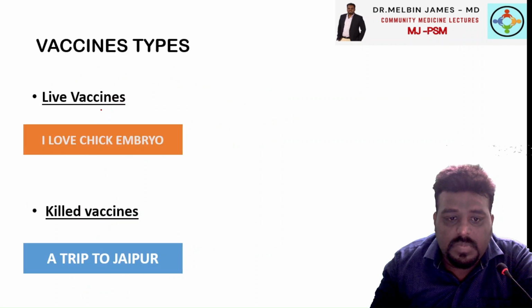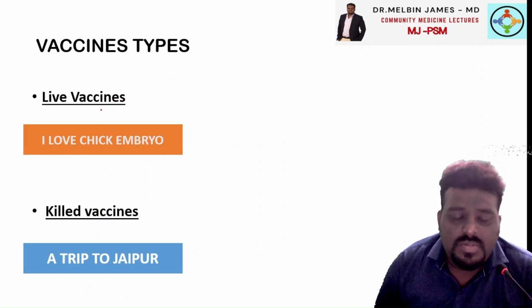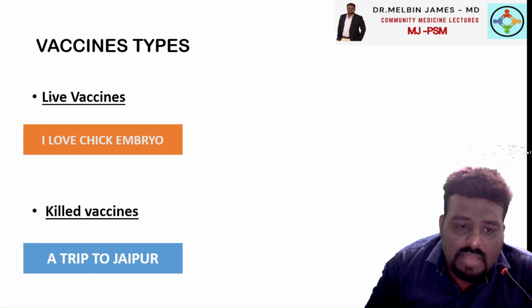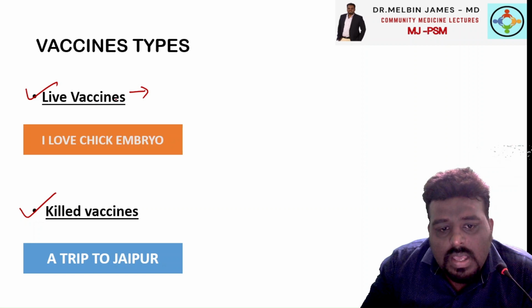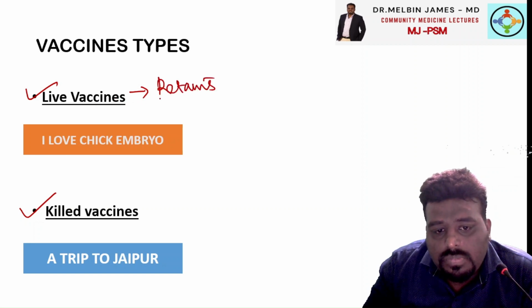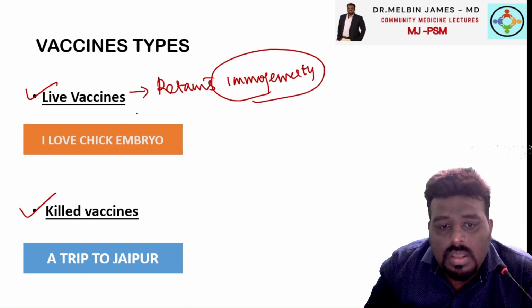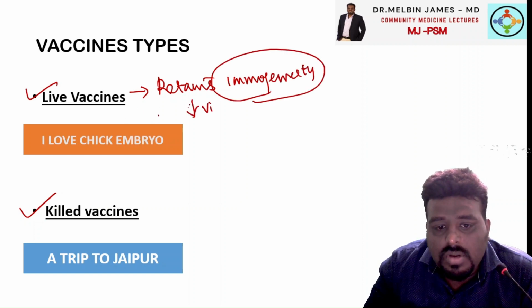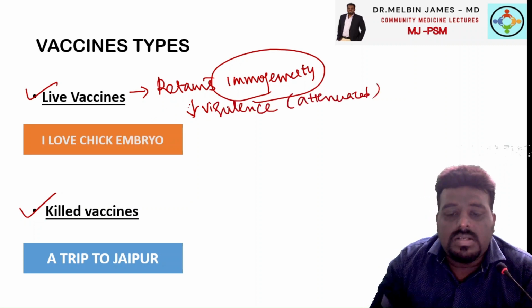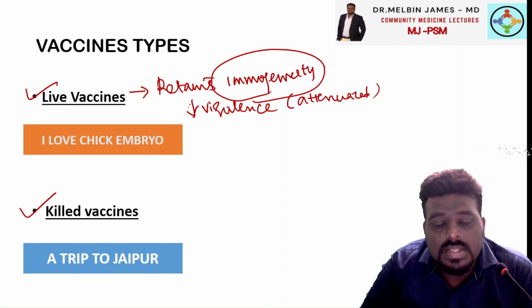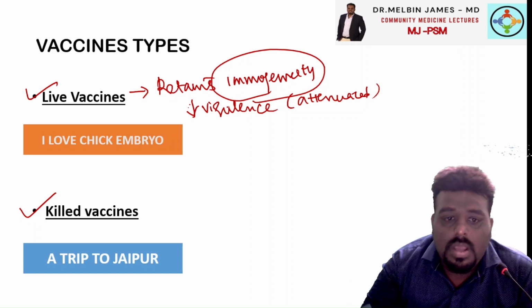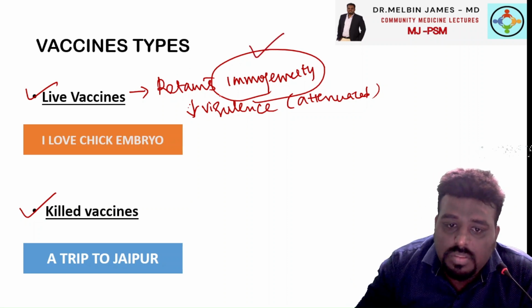Okay, next. There are many types of vaccines. Primarily we have live vaccines and killed vaccines. The property of live vaccines is that they retain the immunogenicity with reduced virulence. That is called attenuated. We are injecting live vaccines into the human body, but with reduced virulence, so that it doesn't harm the person but at the same time is beneficial.